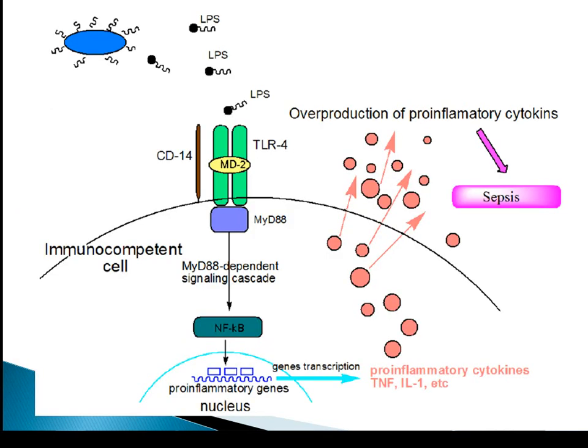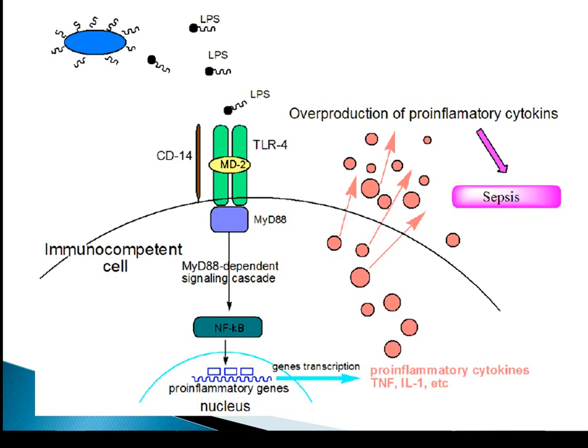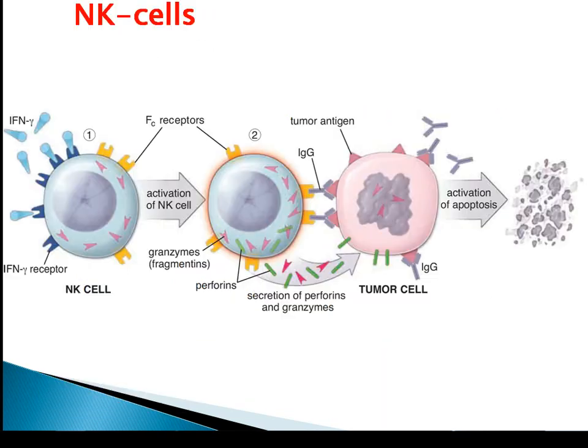Then we have to mention natural killer cells. They are similar to cytotoxic T cells, but they do not have specific receptors for antigens.